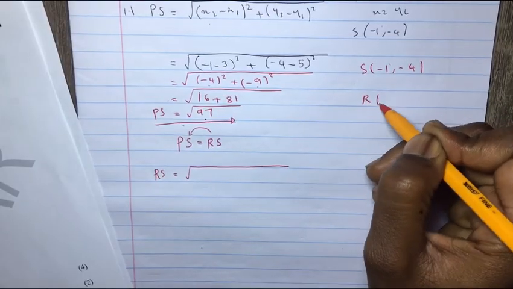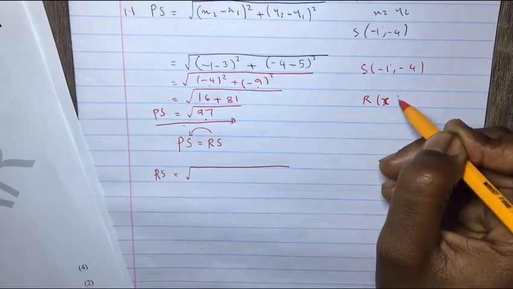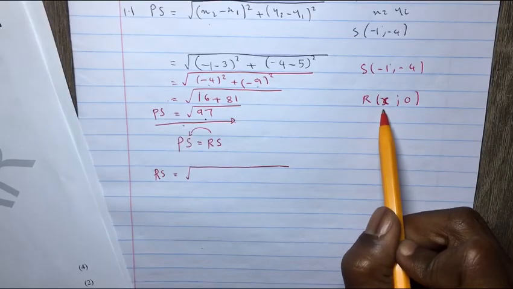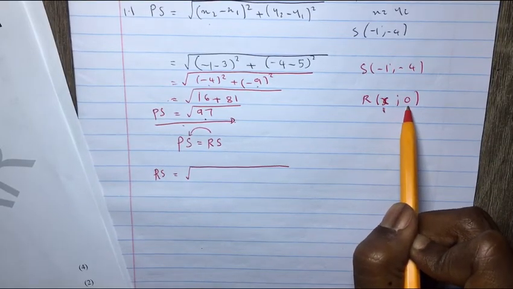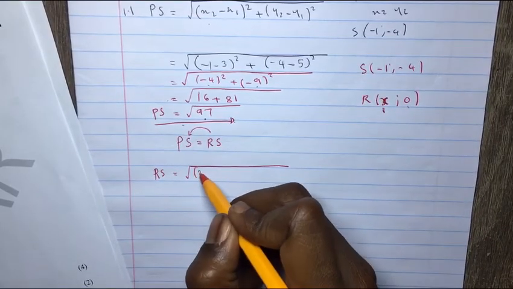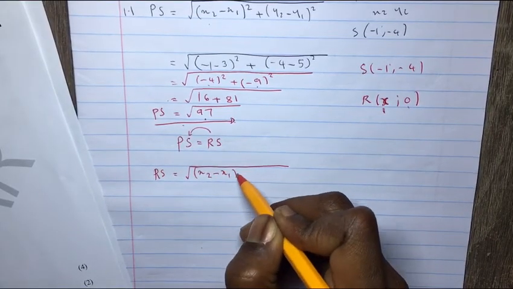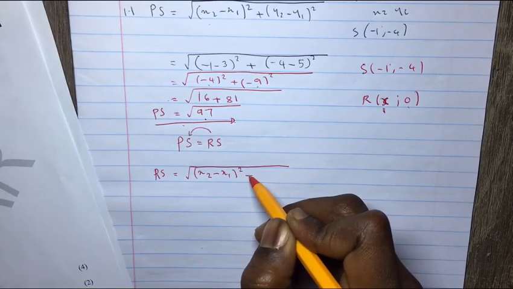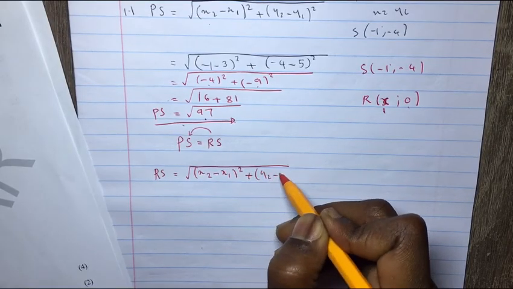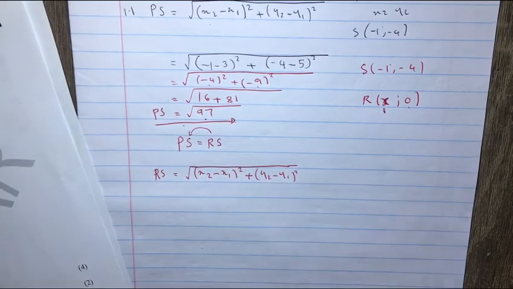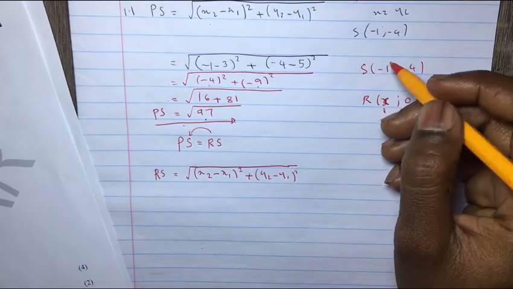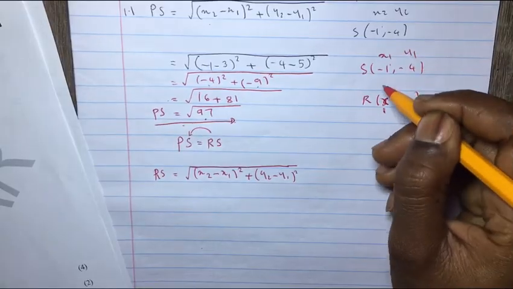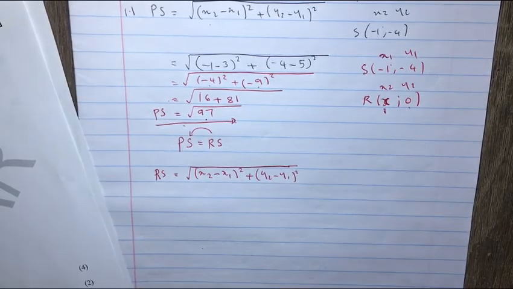The coordinate of R is (x, 0), because we're looking for the x value. I'm going to write it the normal way: x1, y1, x2, y2. Do you all agree?